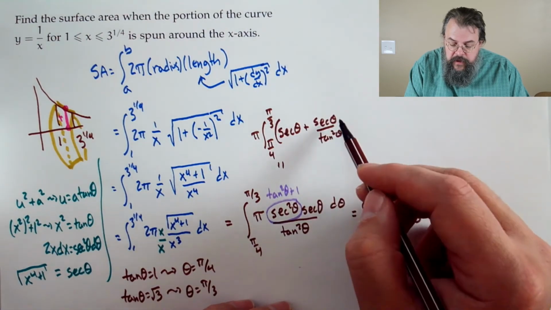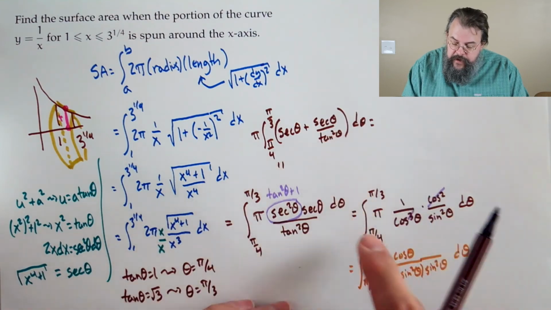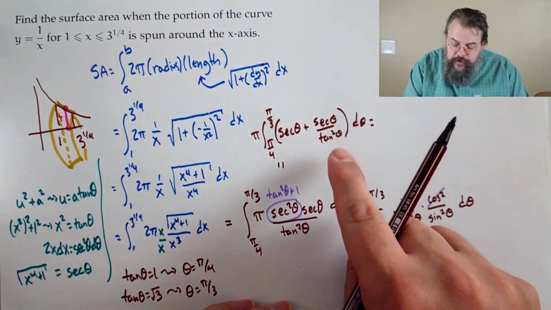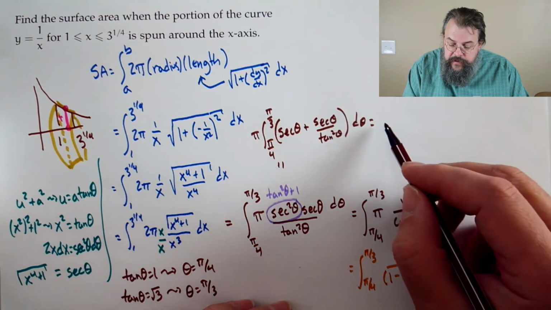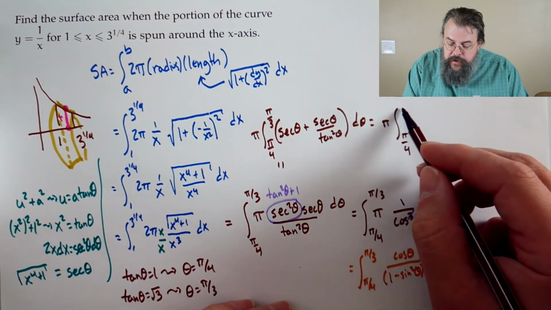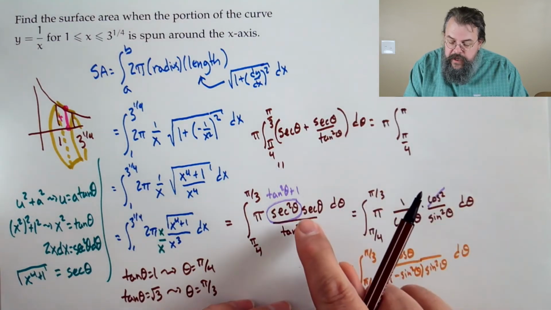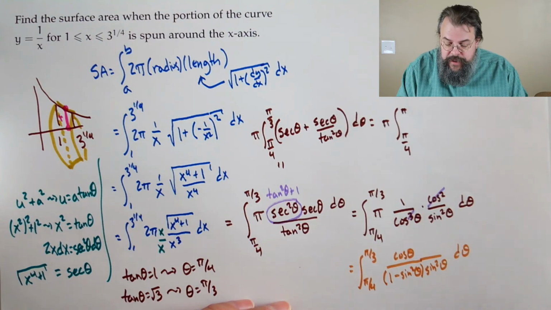Well, let's try again. We're going to try the same thing that we did here, except what's the difference? We're not going to have a secant cubed. We had a secant cubed before, now it's just secant. We were able to knock it down a little bit.